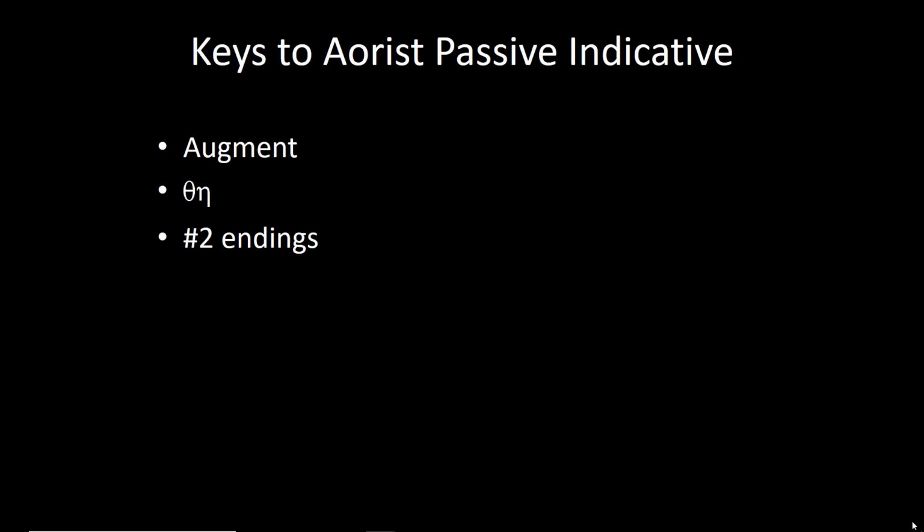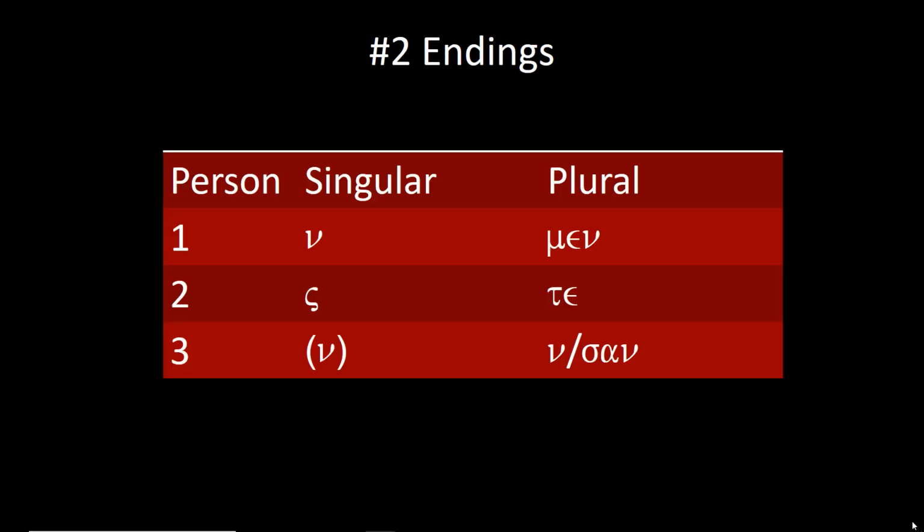So we've got three keys to the aorist passive indicative: augment, theta eta, number two endings. Here are those number two endings: nu, sigma, movable nu, min, te, nu or son.